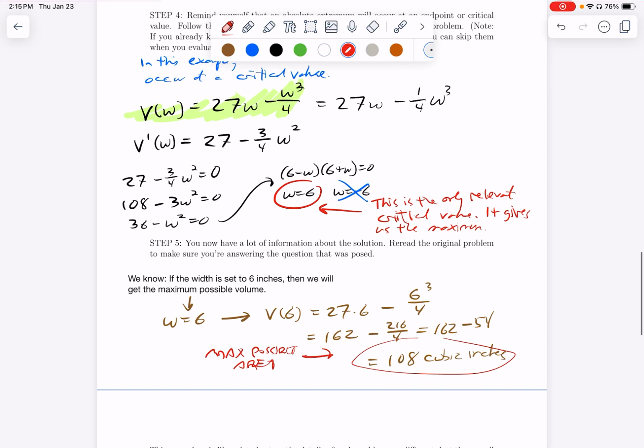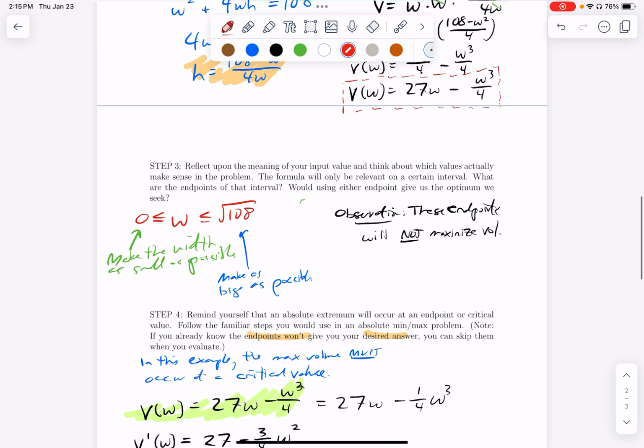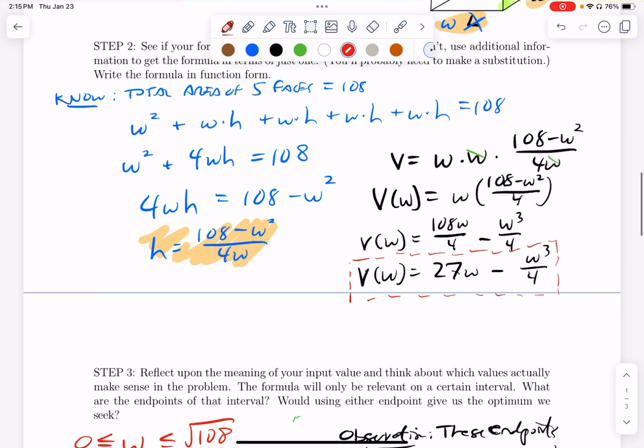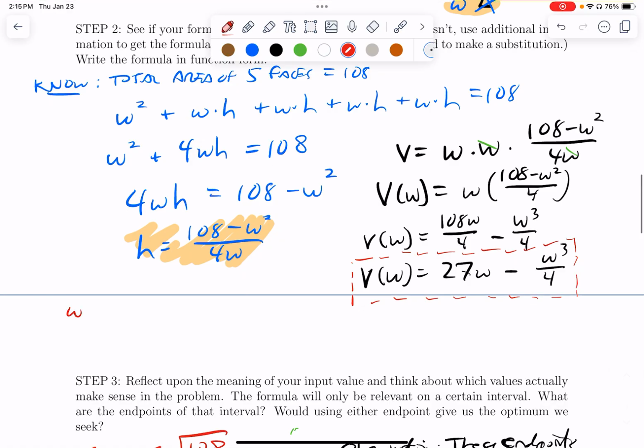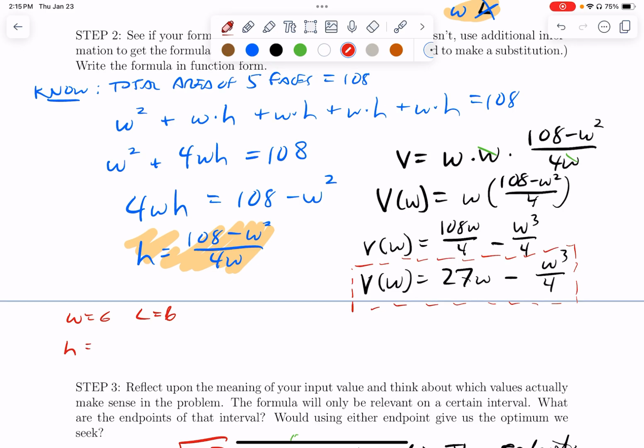And if we want to actually make sense of this, we could go back here and say, okay, W is equal to 6, L is the same as W. H, our height, would be 108 minus 6 squared over 4 times 6, which is 108 minus 36 over 24, which is 72 over 24, which is 3.